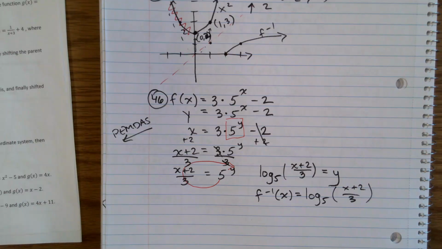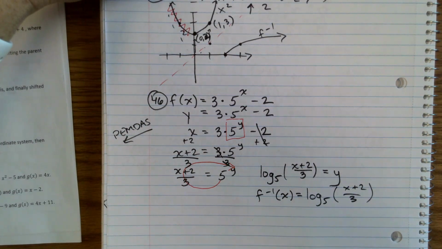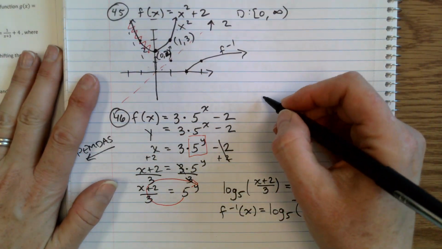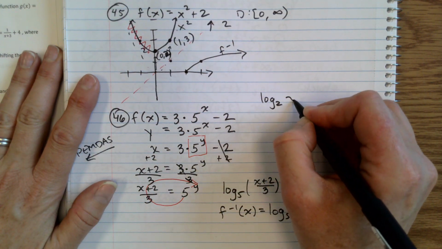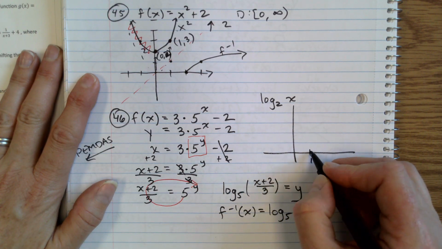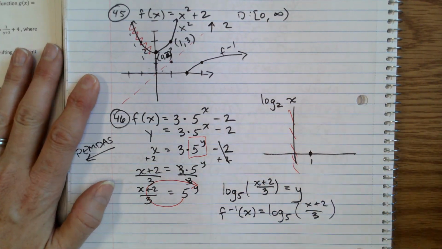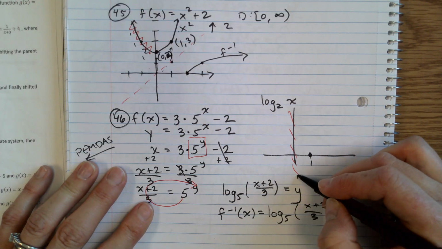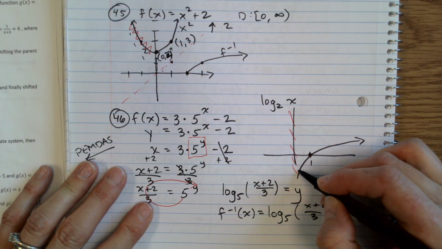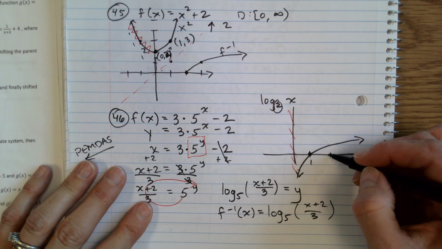But we're not going to graph that because that involves transformations, but let's just make sure we remember what a logarithmic function looks like. Let's graph log base 2 of x, just as a quick review. This function crosses the x-axis at 1, has a vertical asymptote, and it goes like this. Its second point, whatever the base is, it's 2, so you go over 2, up 1.